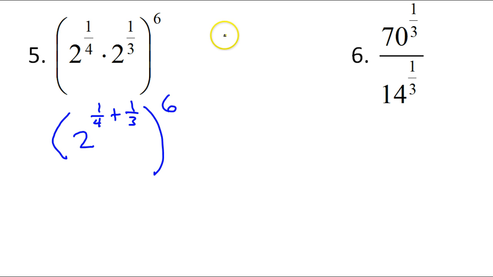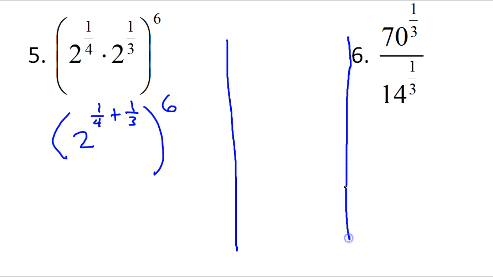So I think the best thing to do is just off to the side, we'll make a little scratch paper over here. All right, if I want to do 1/4 plus 1/3, you have to have denominators that are the same. So we need to change these into something bigger that's the same. So 4 and 3 can both be turned into 12s.